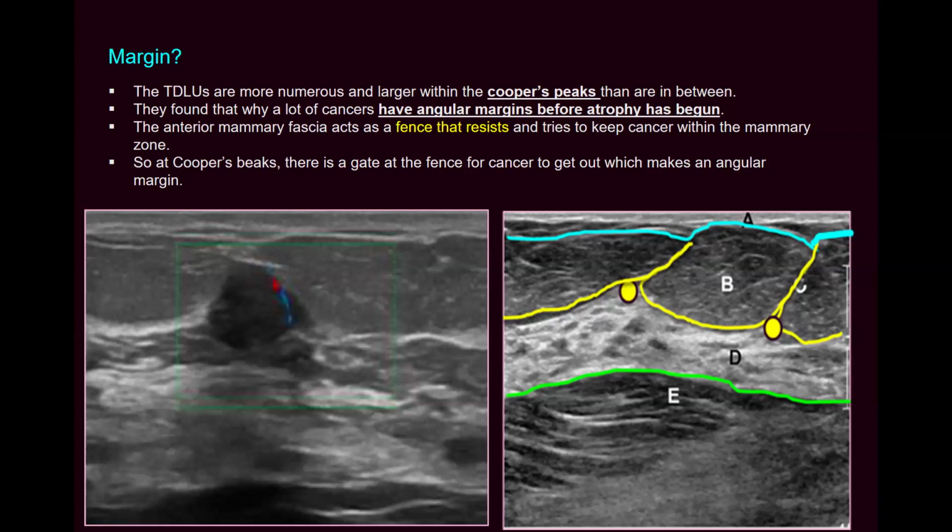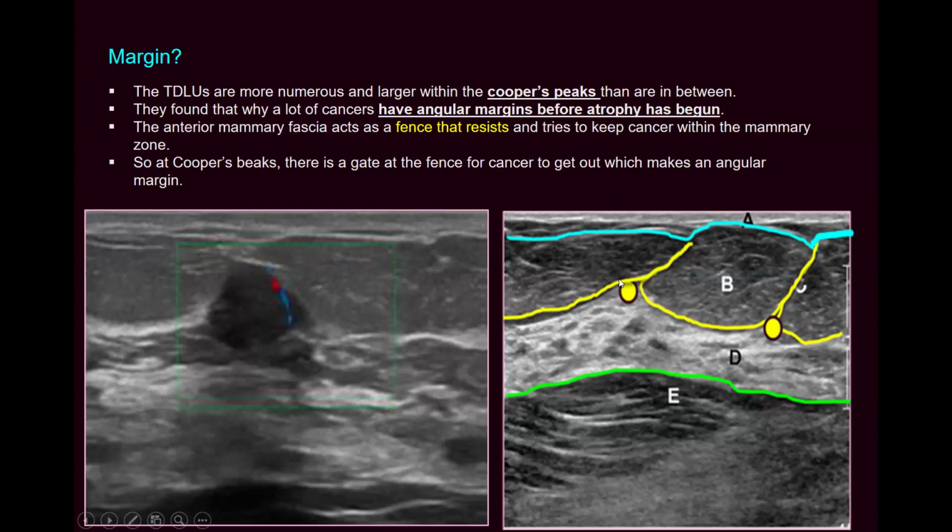As Stephanos described, the anterior mammary fascia acts as a fence that resists the spread of cancer, containing it within the mammary zone and trying to prevent it from spreading beyond. But the same mammary fascia here is elevated, going here and coming back.